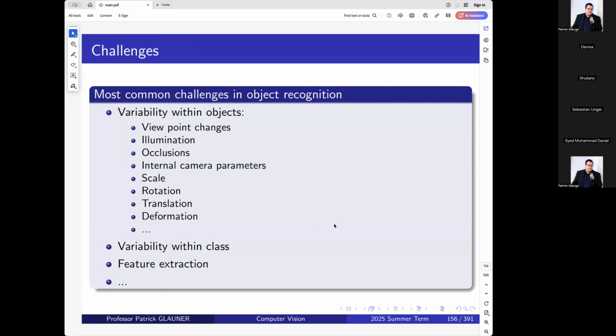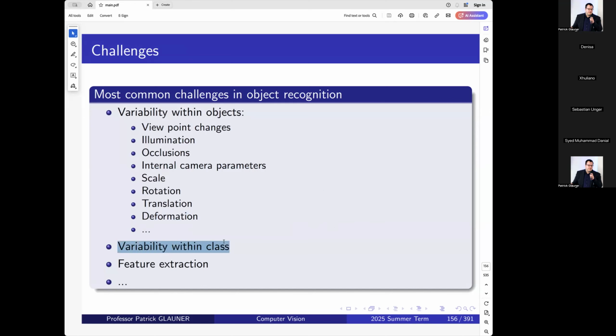For example, with some cameras, if you take a photo of some objects that have straight lines, they may not come out straight in the digital image anymore. So maybe some internal camera parameters somehow change that. Deformation, so the objects could be deformed.